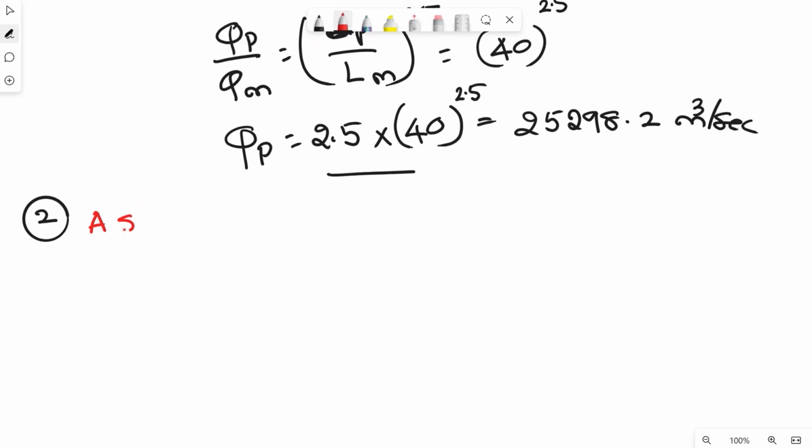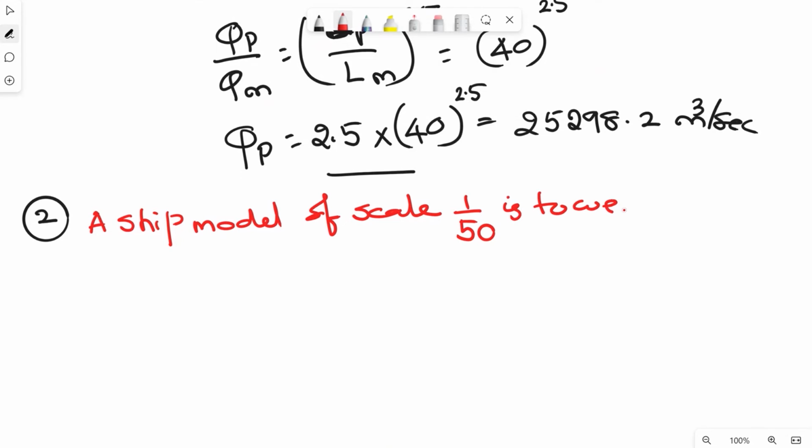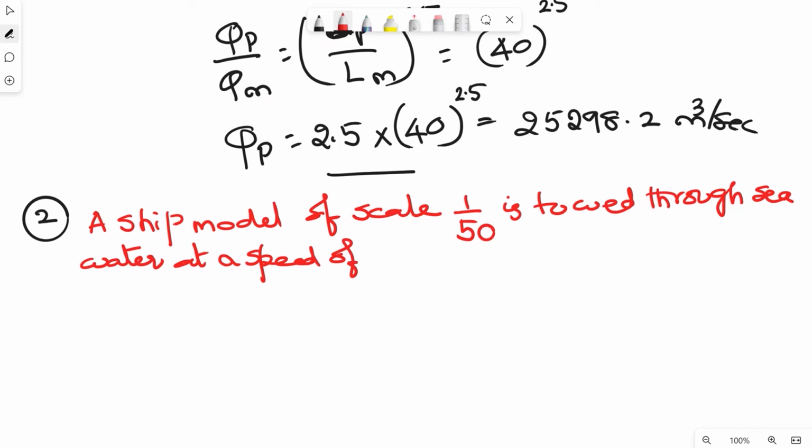A ship model of scale 1 by 50 is towed through seawater at a speed of 1 meter per second.